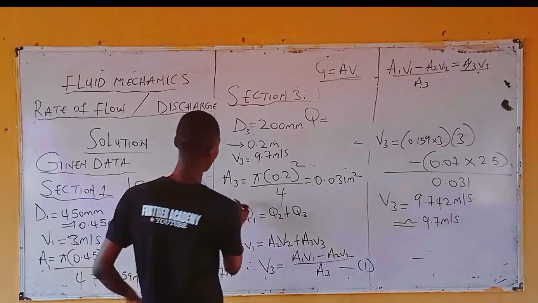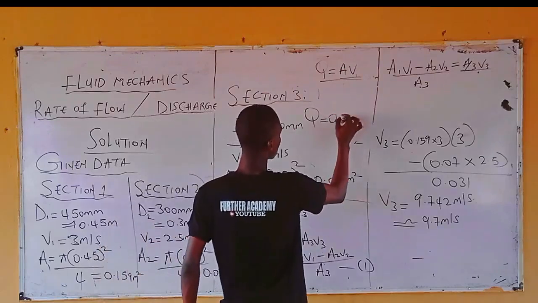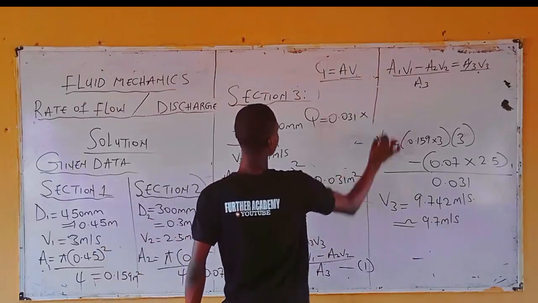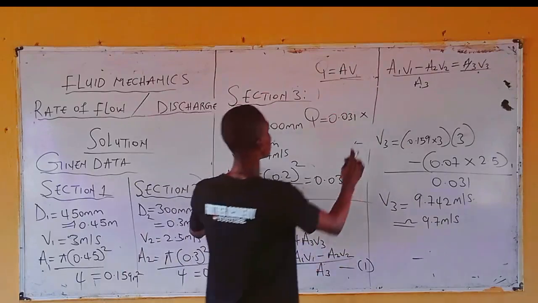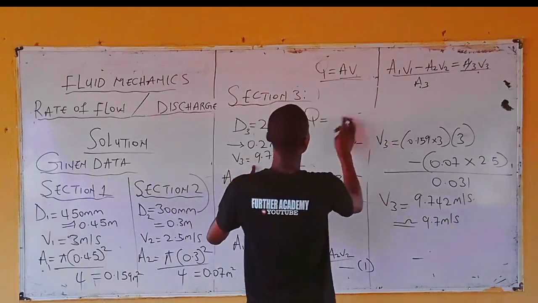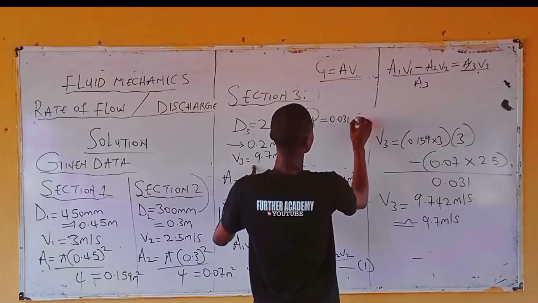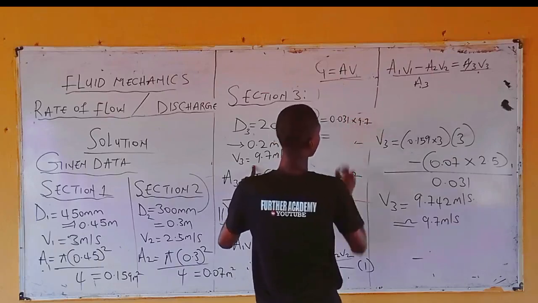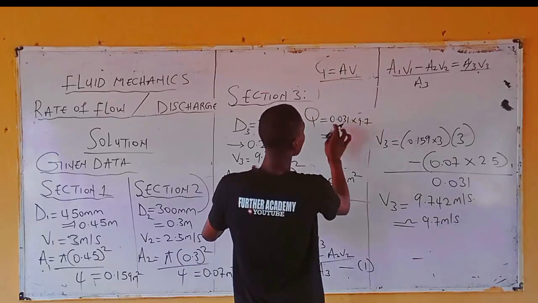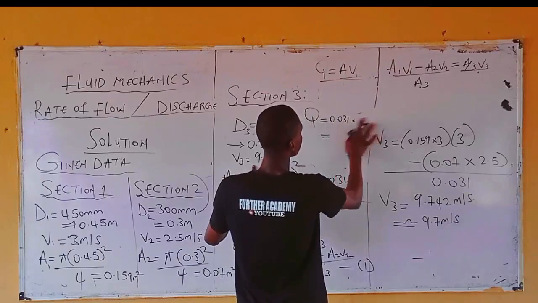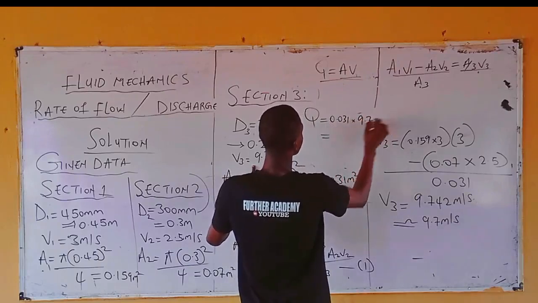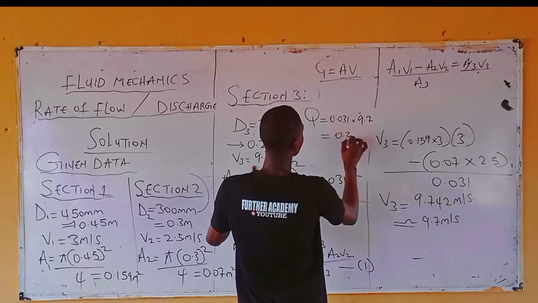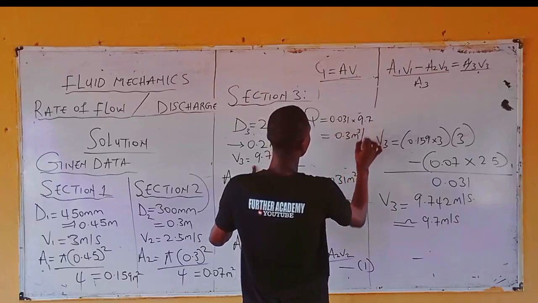What's our area? 0.031 multiplied by our velocity, 9.7. What's the answer? 0.3 meter cube per second.